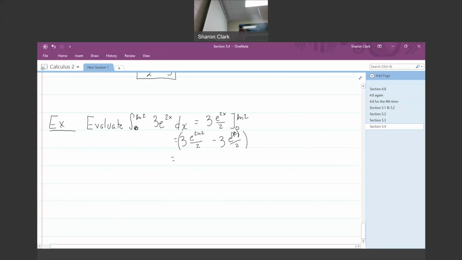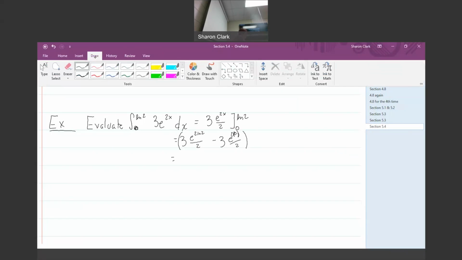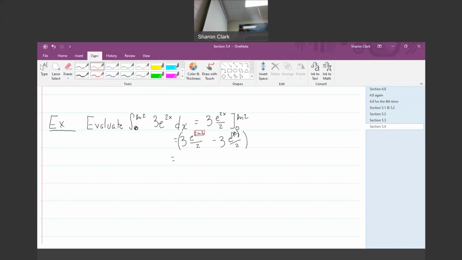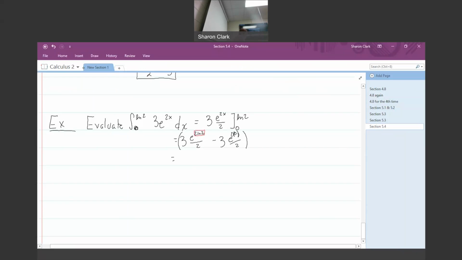Now, I can evaluate this as is, but I can use my rules about logarithms, which say if I have a number in front, I can put it in the exponent. So this would be 3 e to the ln of 2 squared over 2 minus 3 e to the 0 over 2.